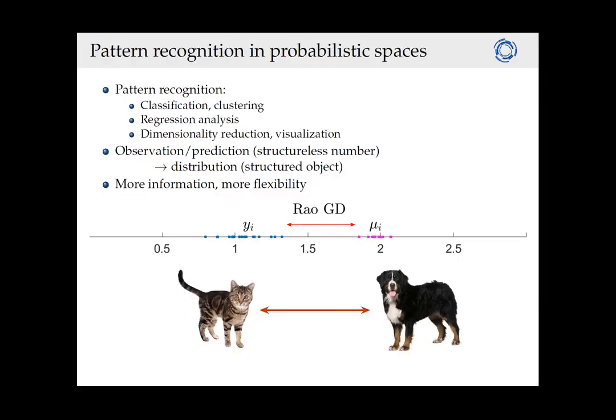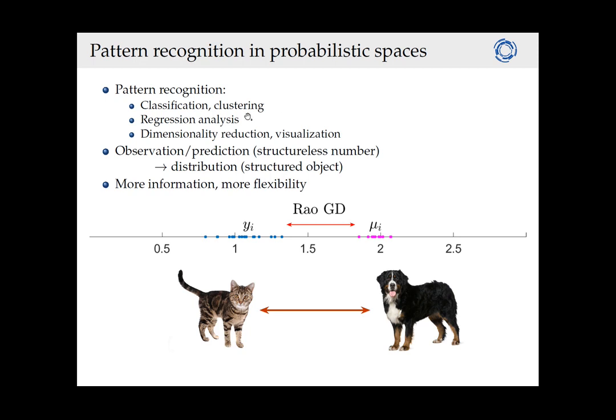And so now we have a distance measure between probability distributions, and this is going to form the basis to do pattern recognition in probabilistic spaces. So pattern recognition, what does it involve? Basically classification, clustering. So classification is supervised, clustering is unsupervised.